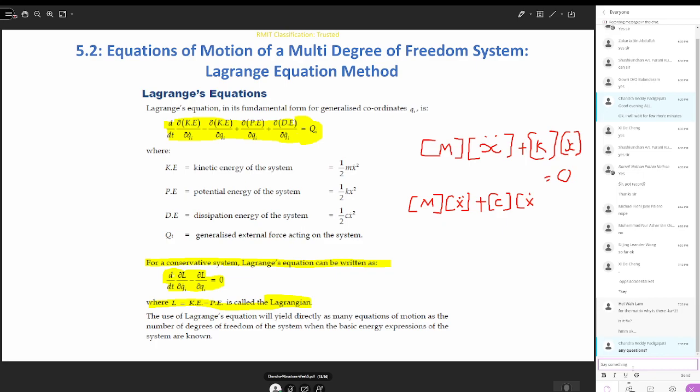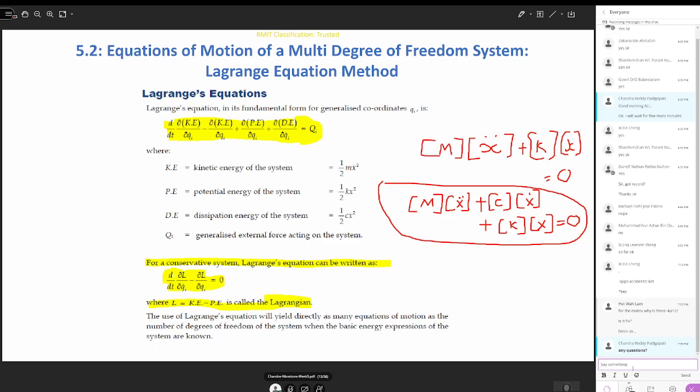So then you can write plus stiffness matrix K, then multiplied by the displacement matrix X, is equal to 0. So this is for a damped free vibration.